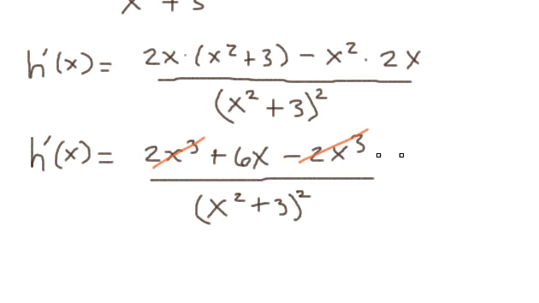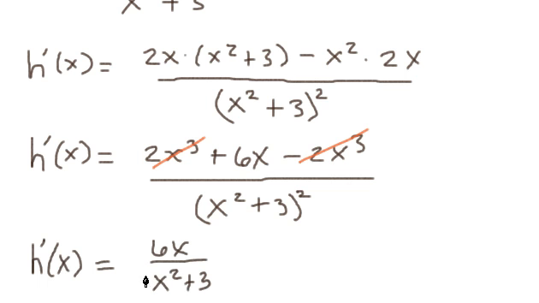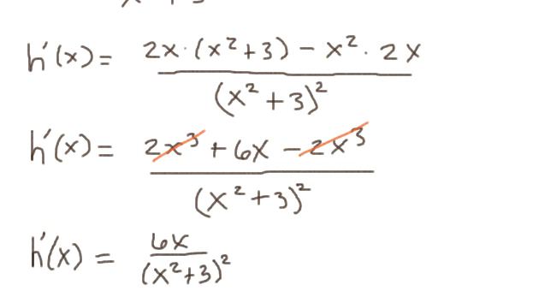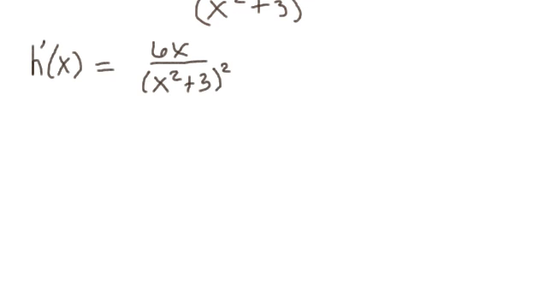Those are going to go away, and I'm going to rewrite this. We have h prime of x equal to 6x over x squared plus 3, and that whole thing is squared. Now we want to set this equal to 0 and get our critical numbers.